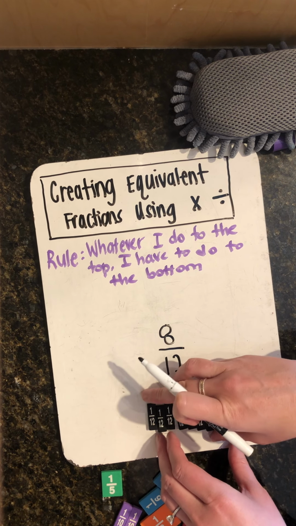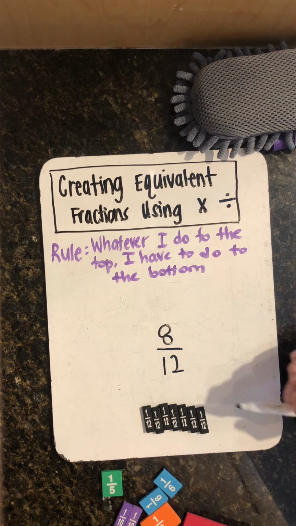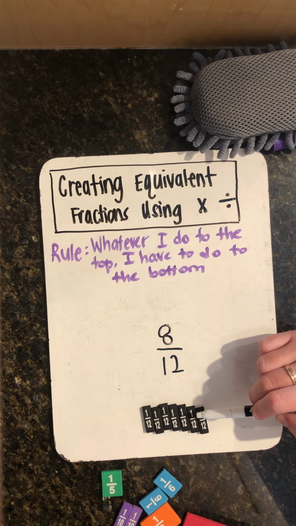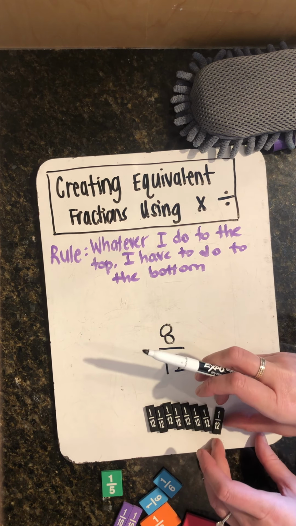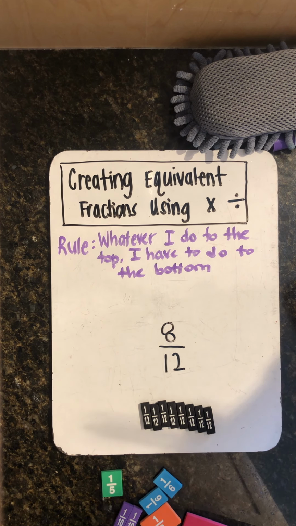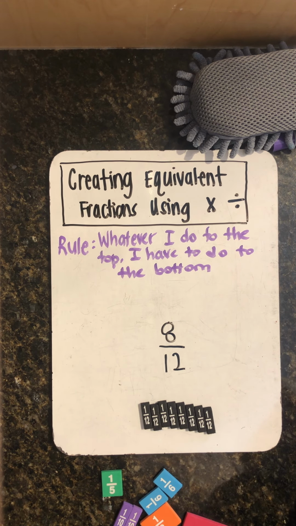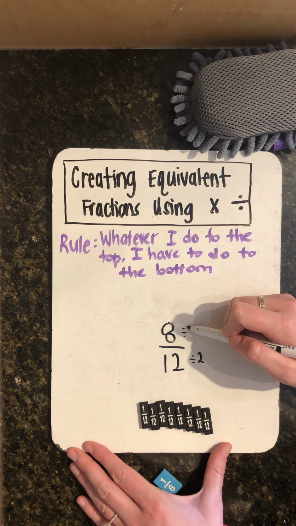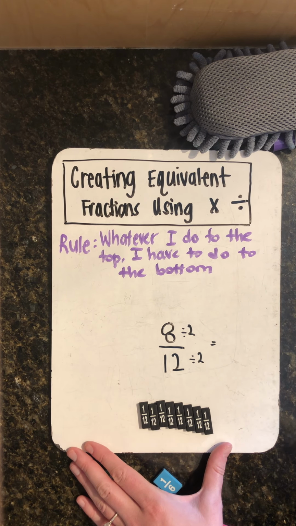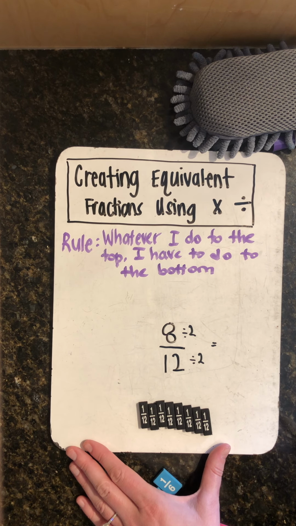I want you to think about what could be 8/12. What could be an equivalent fraction to 8/12? We could divide, or we also could multiply for this, all right? I'm going to divide because I know that 12ths and 8ths, I can both divide by 2. Go ahead and figure out what the equivalent fraction would be.